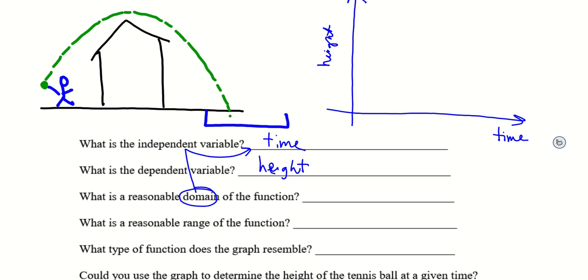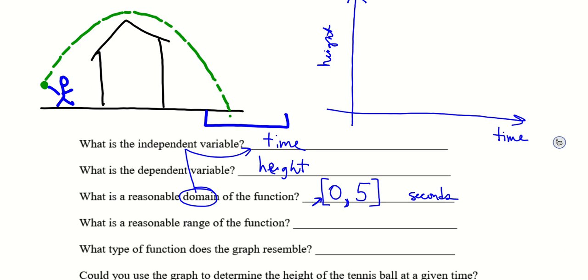Guessing, but maybe we have times that go from 0 through 5, and that would be in seconds. I'm going to give that domain in what we call interval notation, where these brackets tell me that time can be 0, can be 5, and the comma says it can be anything in between.